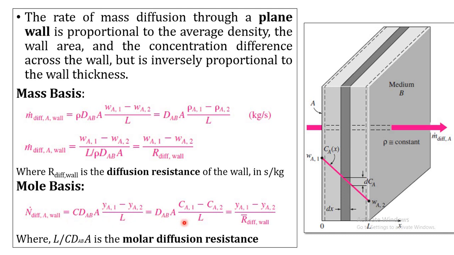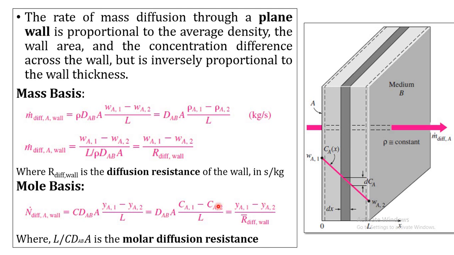If C is constant throughout the mixture, then it is A DAB (CA1 minus CA2) by L. If we represent it with the mole fraction, this will be the molar resistance L by C A DAB.